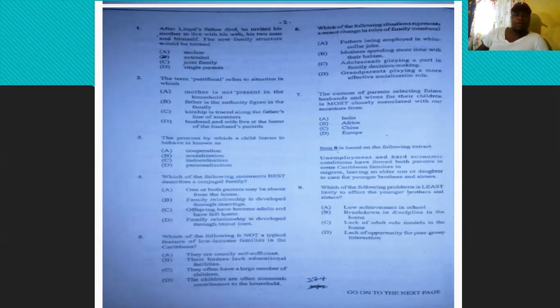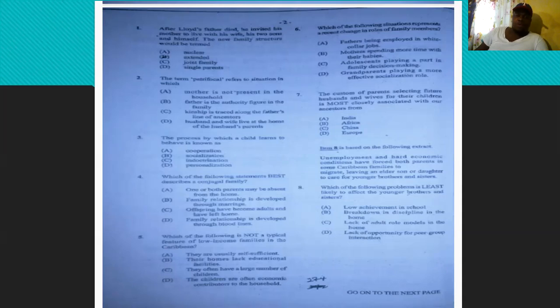So is it A, one or both parents may be absent from the home, B, family relationship is developed through marriage, or C, offspring have become adults and have left home, or D, family relationship is developed through bloodlines. So the answer is B. Family relationship is developed through marriage.